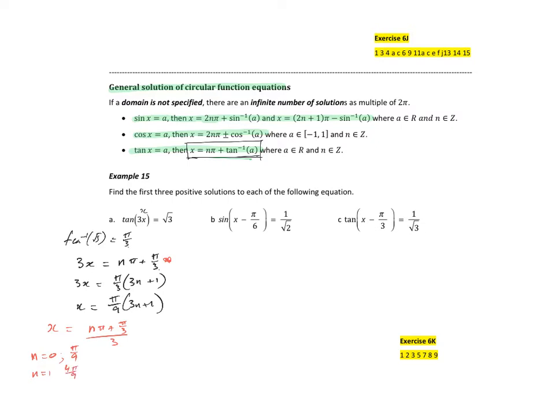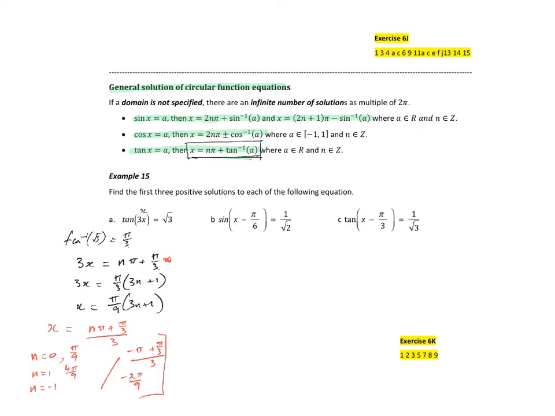I could put n equal to negative 1, and then I get negative pi plus pi on 3, over 3. So negative 3 plus 1 is negative 2 on 3, which is negative 2 pi on 9. So there are my solutions.